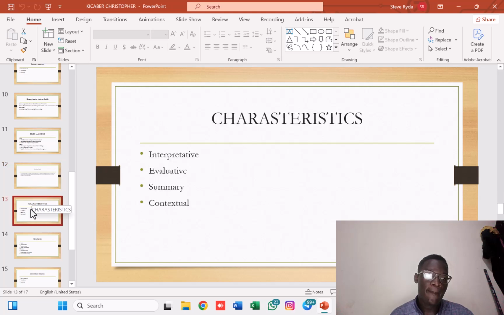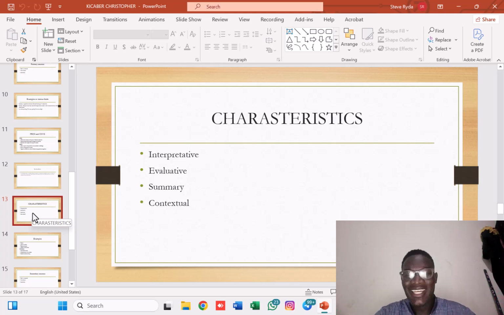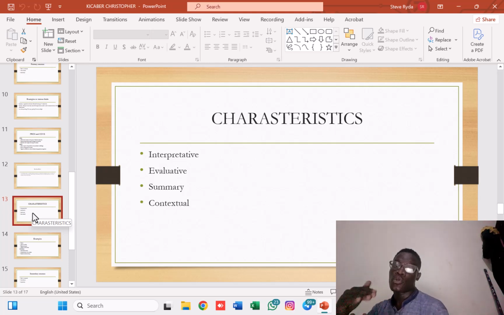Now for this case, we have the characteristics of the secondary sources. We have interpretative, that's interpreting. There's evaluative, you analyze and then you evaluate how much you've got.